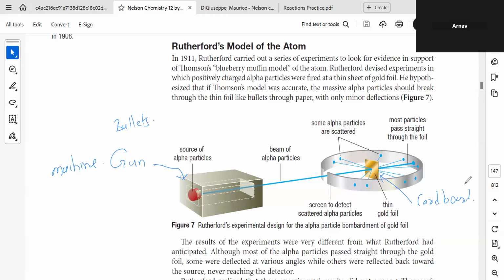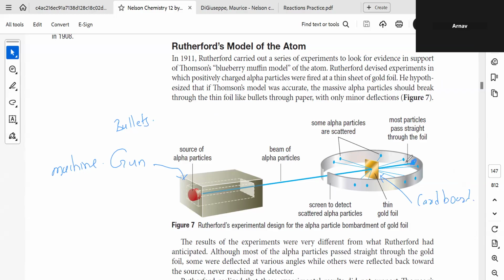So what Rutherford said was, if J.J. Thomson's blueberry muffin model is right, then the alpha particles, which are like the bullets, should easily pass through the gold foil, right? Does that make sense?